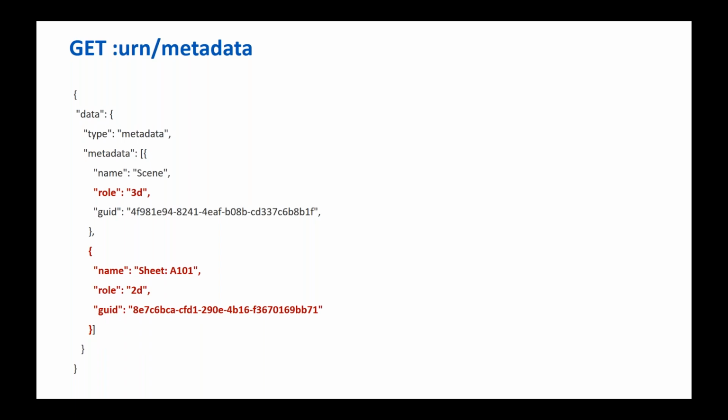Another change coming is the metadata API. So now you will not only get the 3D information, we will also list you the 2D resources. That's why in red you can see that the role is now being added to the payload, and if you have sheets for Revit, for example, then they will also be listed.